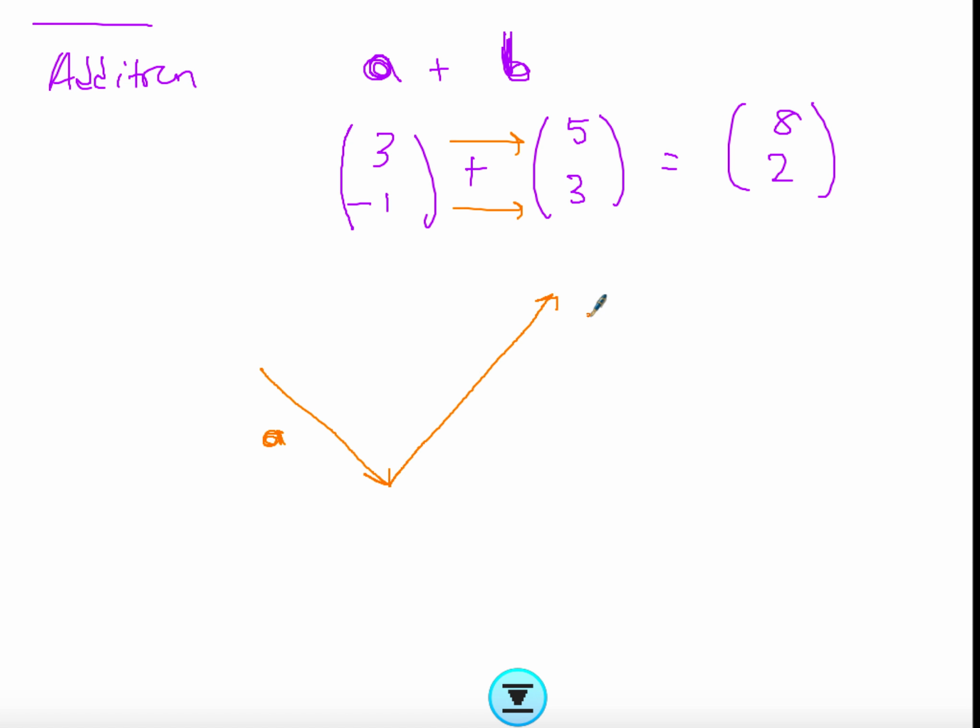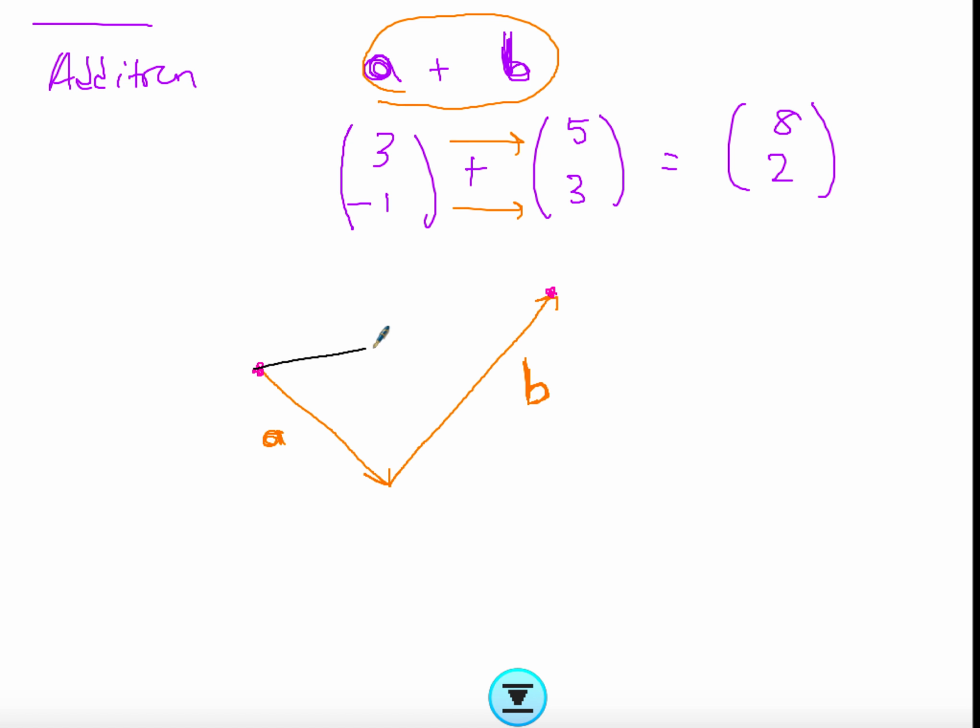So let's say this is B. And why did I put them next to each other? Because what this is telling me is that I'm moving with A and then I'm moving with B. So this is giving me a movement, because remember, a vector gives you direction as well. So basically what I just did was move from here to here.